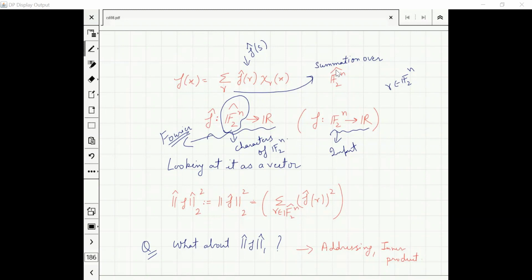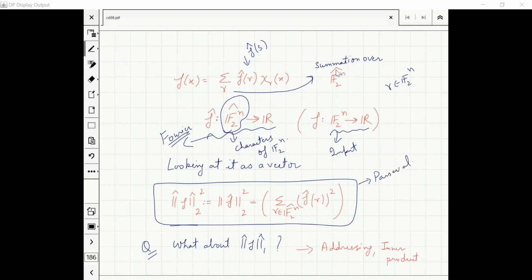Now this, what is this equality? What do we know it by? Parseval's identity. This is Parseval's, right? So all this is making sense, right?